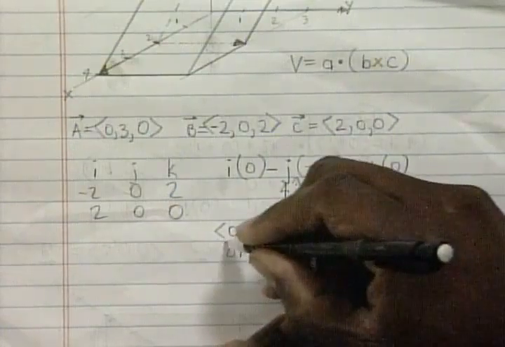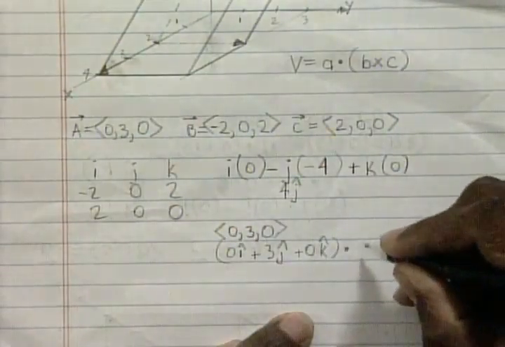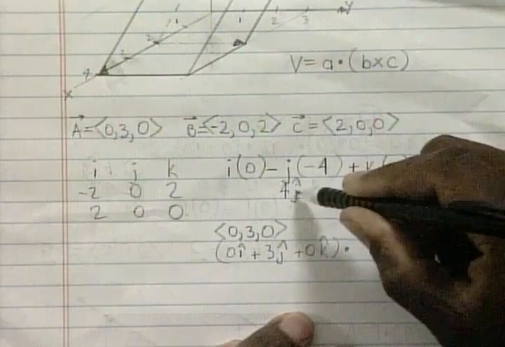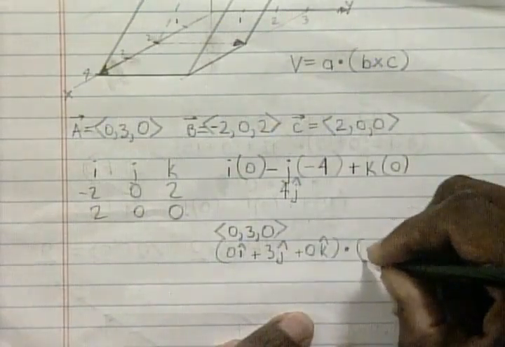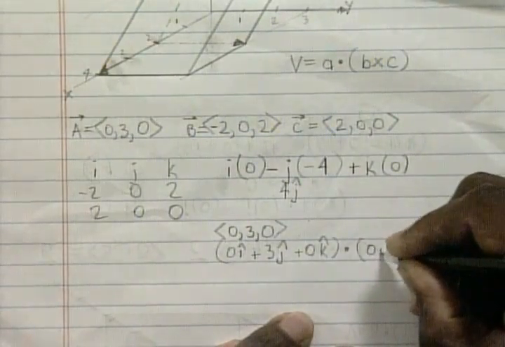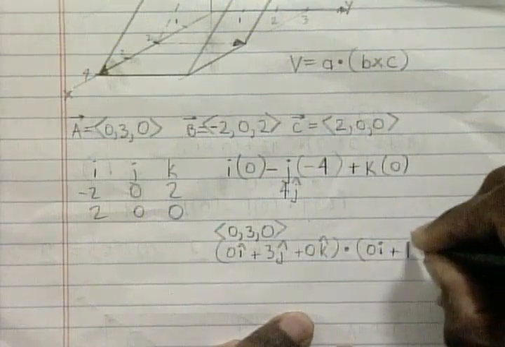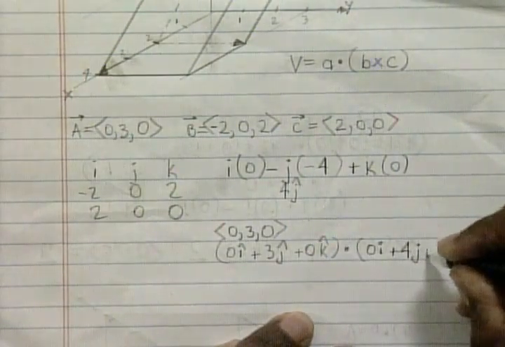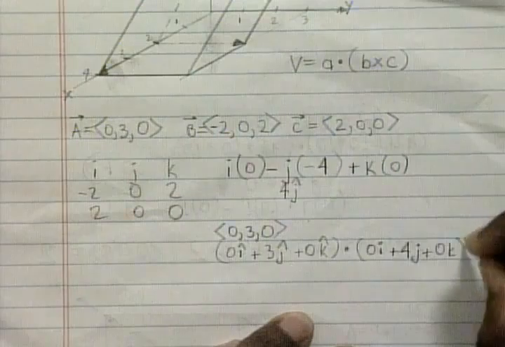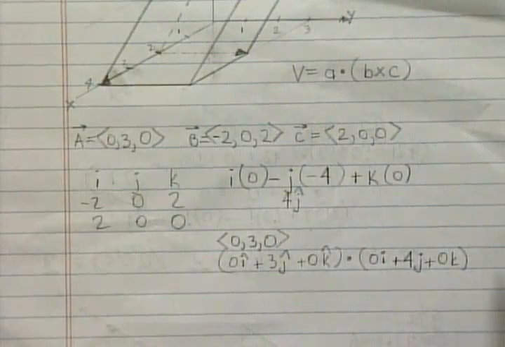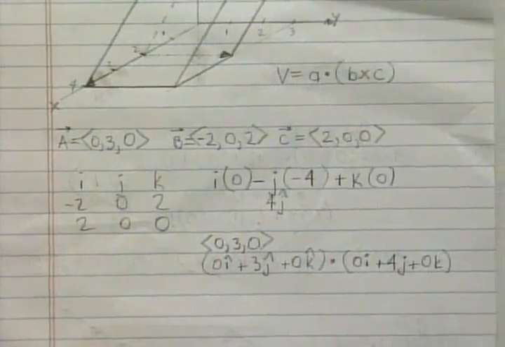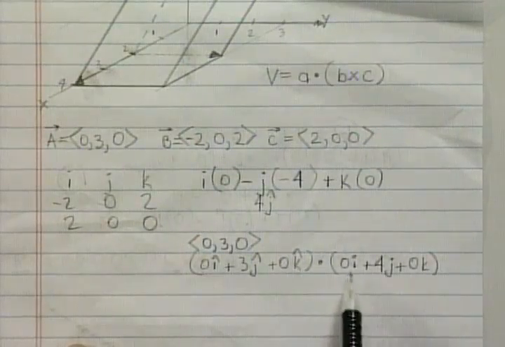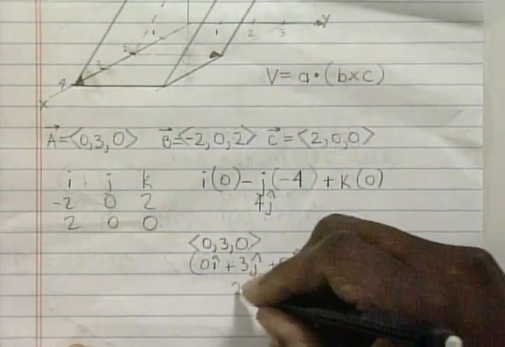And we're dotting that, multiplying that by the cross product of B times C, so we end up with 0i plus 4j plus 0k. So we're finding the cross product. Finding the cross product is not very difficult at all. 0 times 0, that's 0.